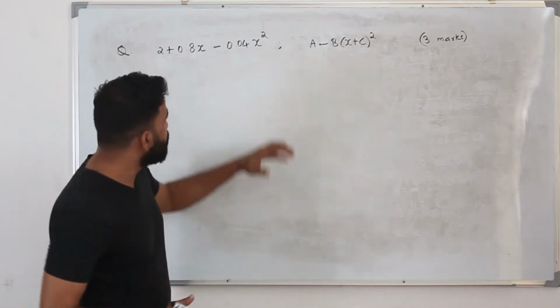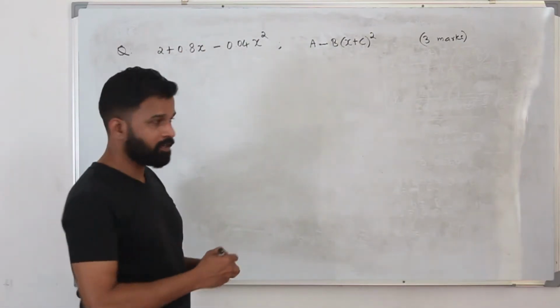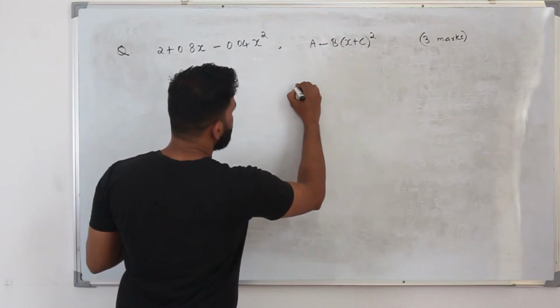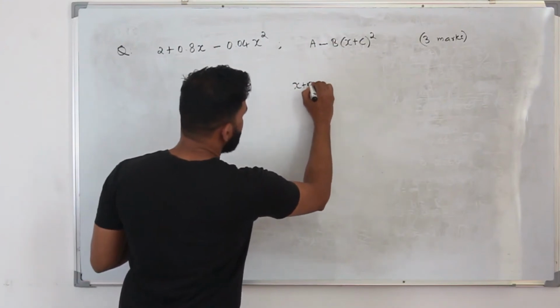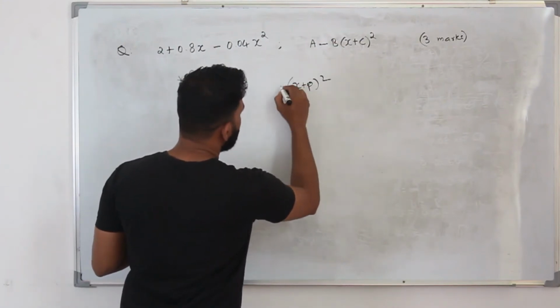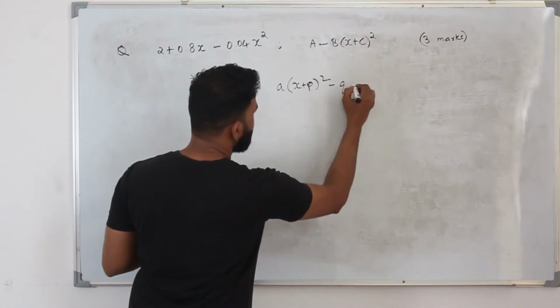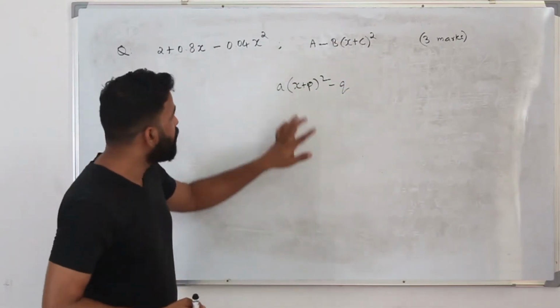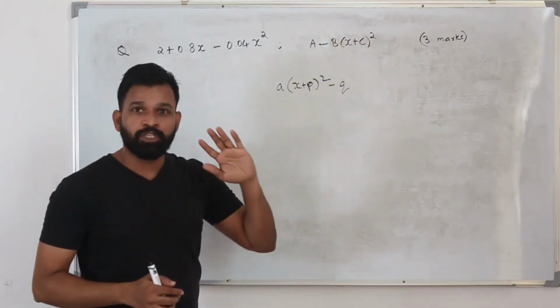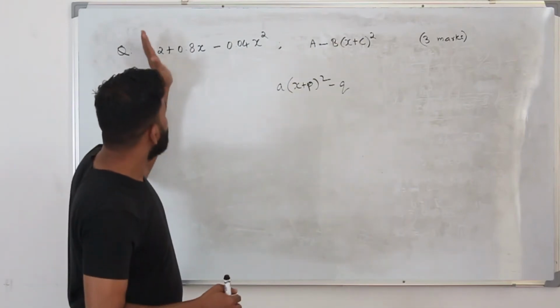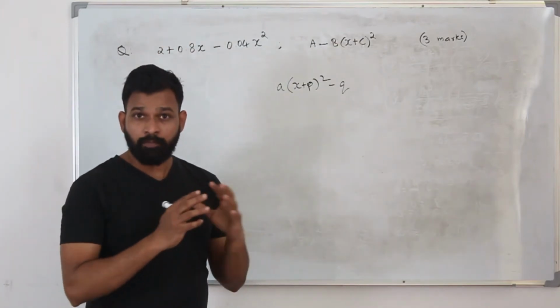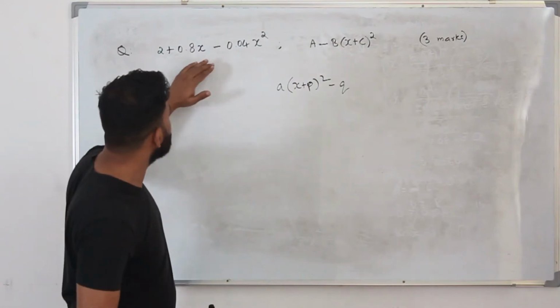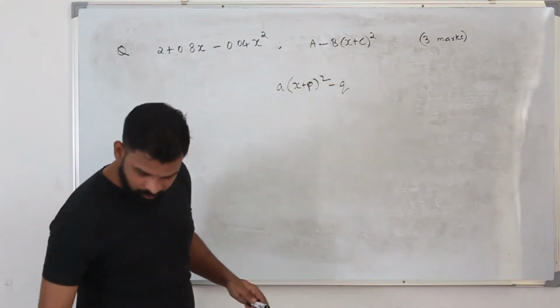So in your exam, whenever you see a quadratic expression and they want you to write this, sometimes you'll be given something like this: a plus (x plus b) whole square minus q or something like that. Whenever you see this form, you must know that you need to apply the completing the square method. So we are going to apply completing the square here.